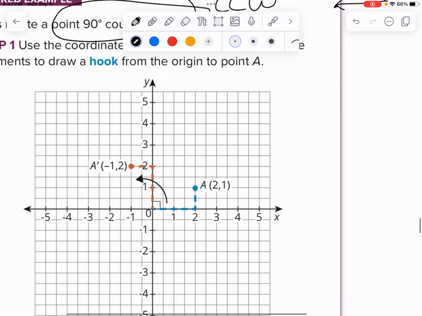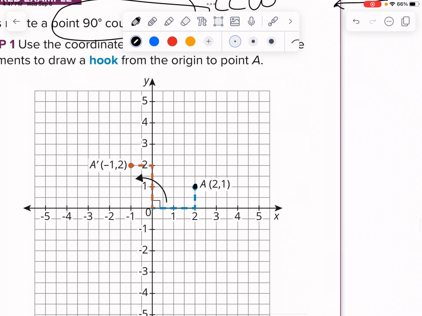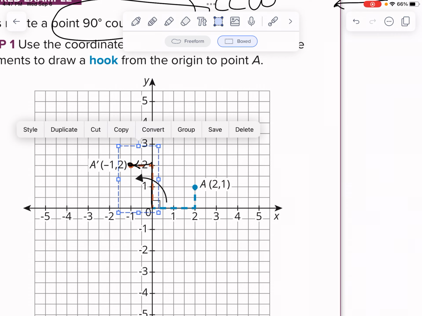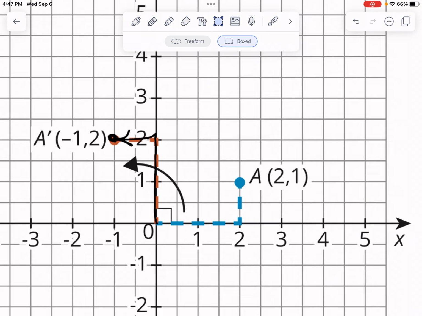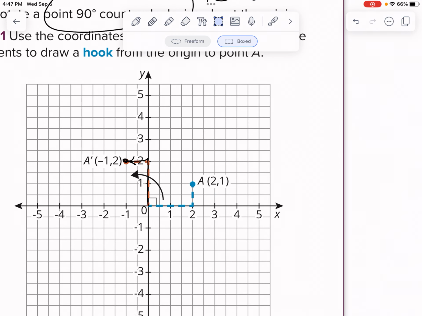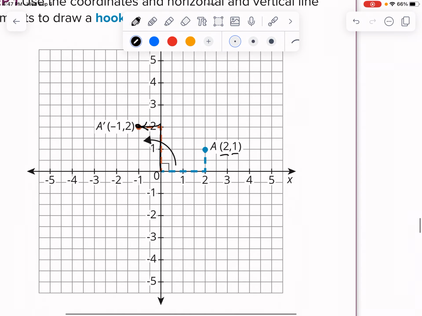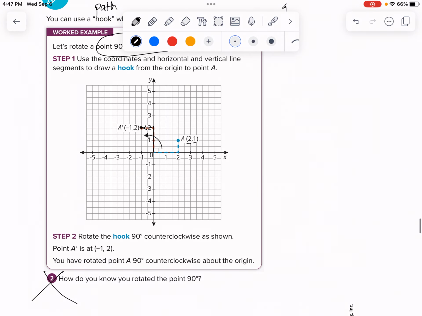For this point A, which is (2, 1), if you draw this path and you rotate your book itself or the page, you'll figure out where it should be. So this was in quadrant 1, now it's in quadrant 2, and you can write out what's happening there. So it's not the same rule as the last time where we just changed the signs, because we're rotating this a different amount of degrees.